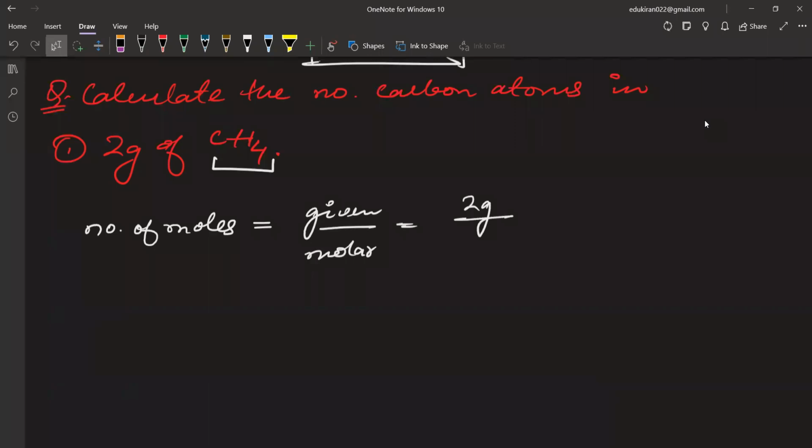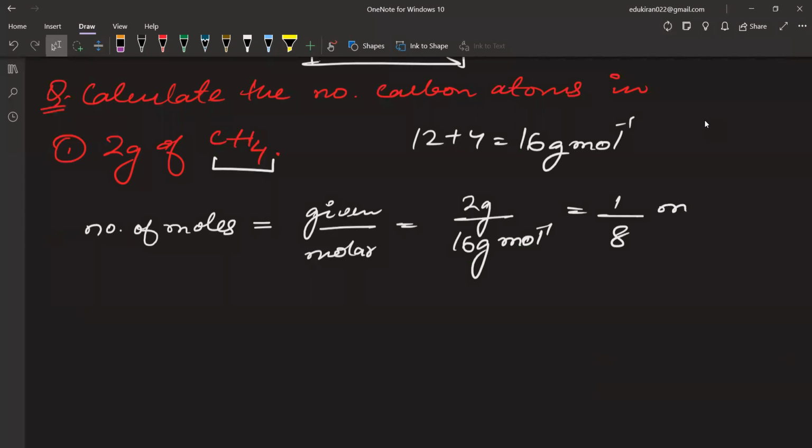So you will take the molar mass of CH4. It will be equal to 12 plus 4, which is equal to 16 grams per mole. Got it? Yes or no? Okay, so this will be equal to 1 upon 8 moles. Clear? Yes or no? The number of moles of CH4.